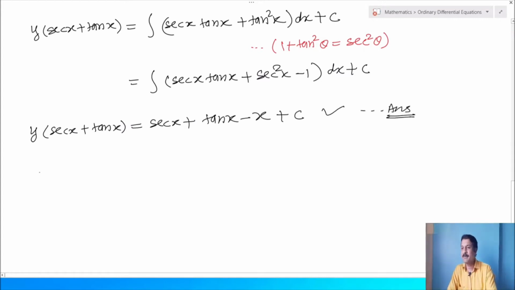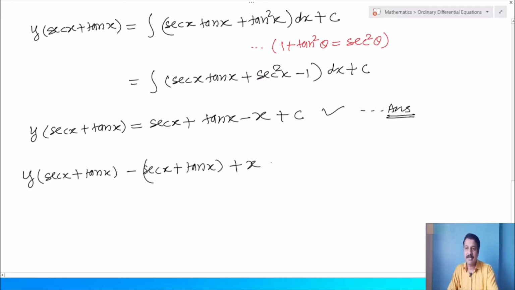Okay, one may simplify more. How? y into sec x plus tan x minus sec x plus tan x plus x equal to c. And I can common out sec x plus tan x, so I am getting y minus 1 into sec x plus tan x plus x equal to c.